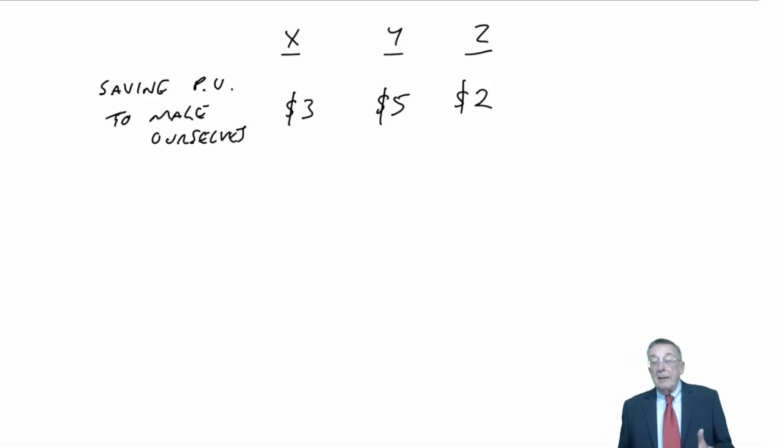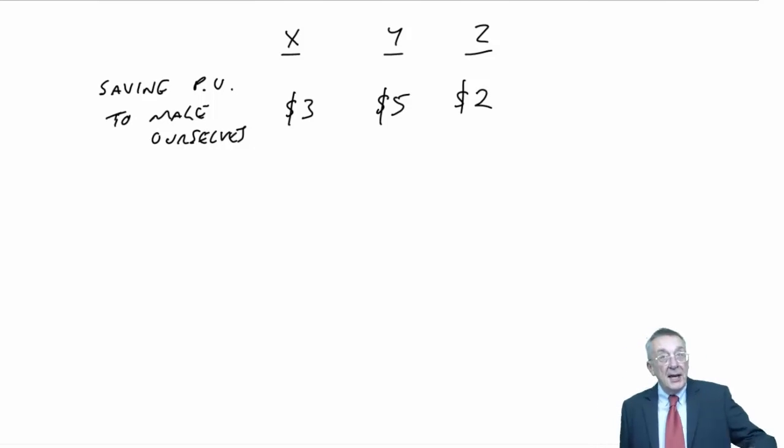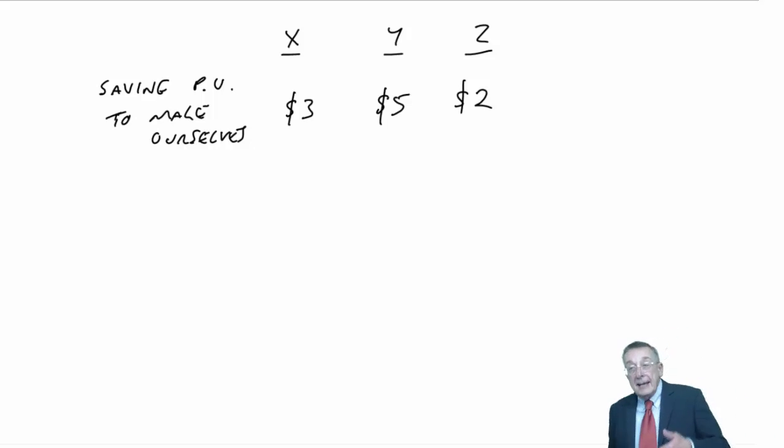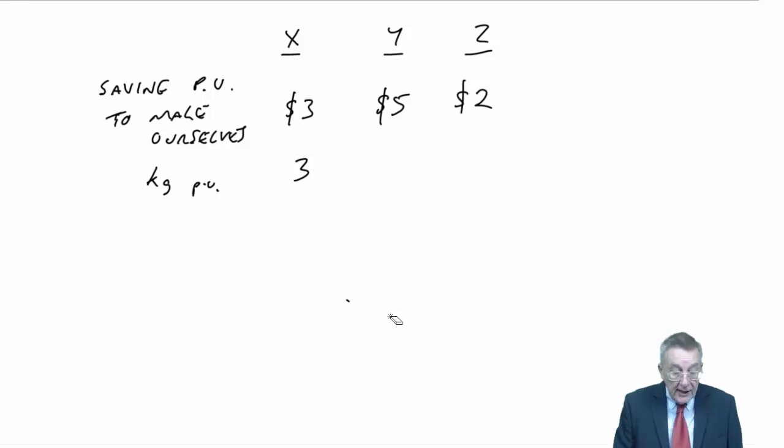Now clearly, the best will be where we save the most, but remember it's kilos that are limited, so we need to work out how much per kilo of the limited material we will save if we make ourselves instead of buying outside. So how many kilos are needed per unit? X, to save $3, needs 3 kilos. Y, to save $5, needs 2 kilos.